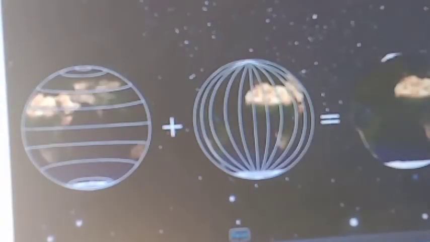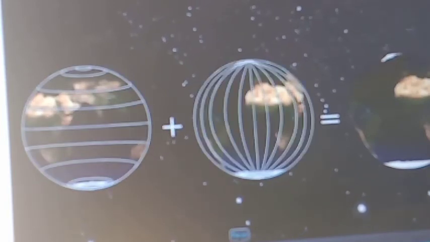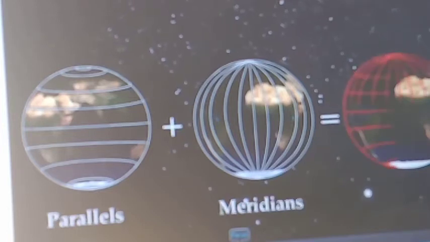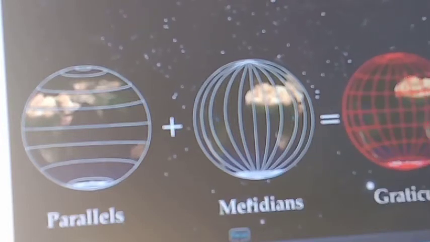The network of the imaginary horizontal and vertical lines, that is, the parallels and meridians formed on the earth, is called a graticule. The graticule is used to determine the accurate location of a place on the earth.